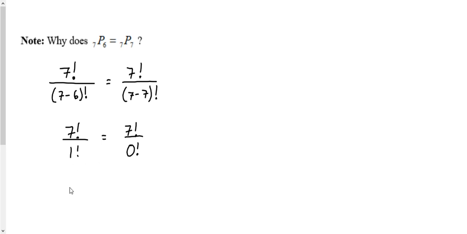That means your numerator is 7 factorial, 7 factorial, so these are just equal to each other. Okay, so again, that's using our calculator and using our equation, and the big key here, and I'm going to put a star next to this, 1 factorial equals 1, 0 factorial is also equal to 1. And that was the key here.